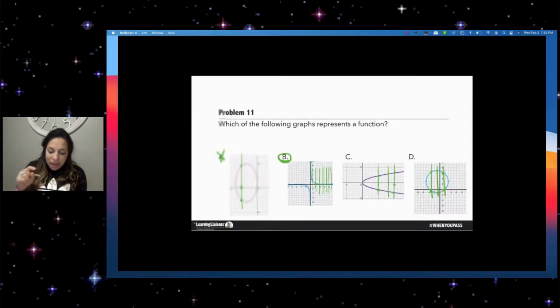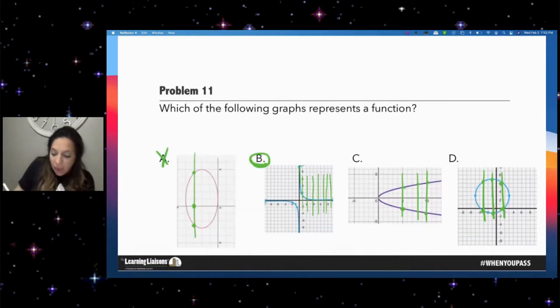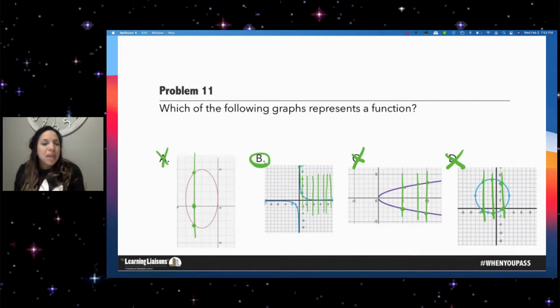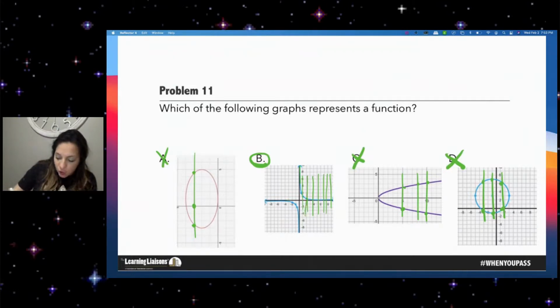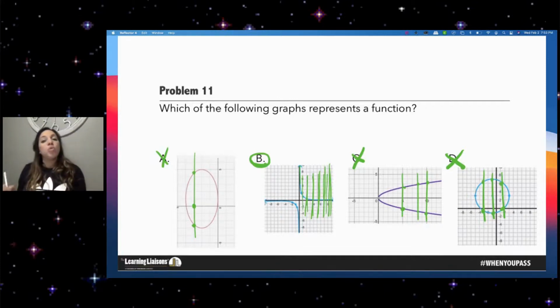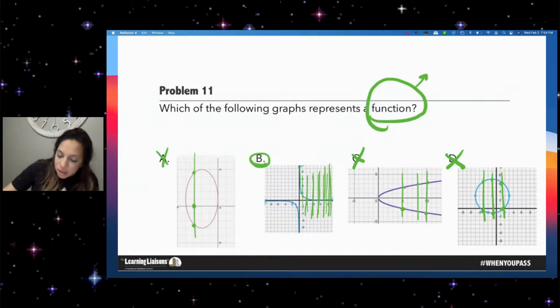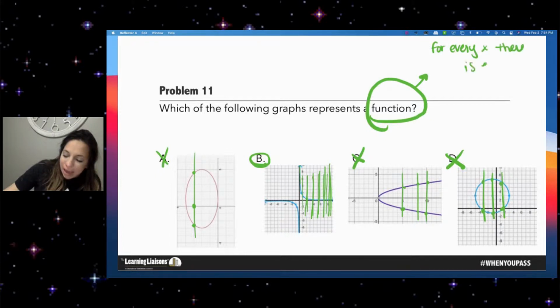So because the other 3 answers are very obviously not functions, we can assume that it's B. And like I said, that's a rational function, which means that when I draw those vertical lines through the graph, it hits only 1 time. So a function is defined as for every x, there is exactly only 1 y value.